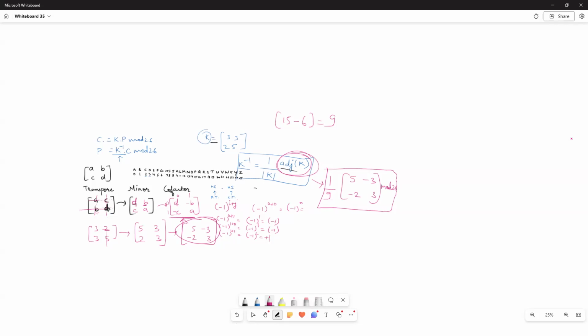But what about 1 over 9? Any guesses? This is a division. And what did I say in the class with respect to whenever it is a division operation? How exactly can you compute that specific value? Anyone recall?